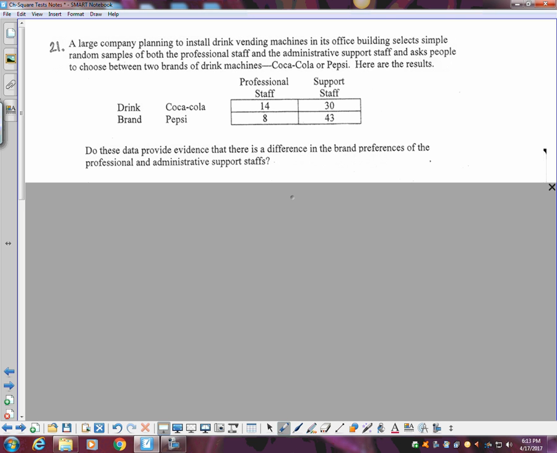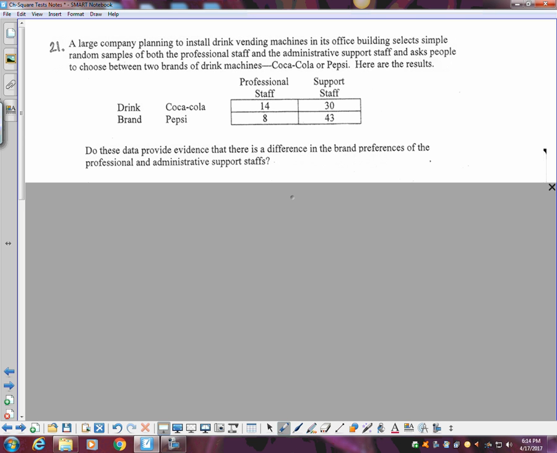Selects simple random samples, more than one sample, of professional staff and administrative support staff. So we have two samples here. Two samples, one variable. Professional staff is one sample, support staff is another sample. So two separate populations here. Do these data provide evidence that there is a difference in the brand preference of professional and administrative support staffs?